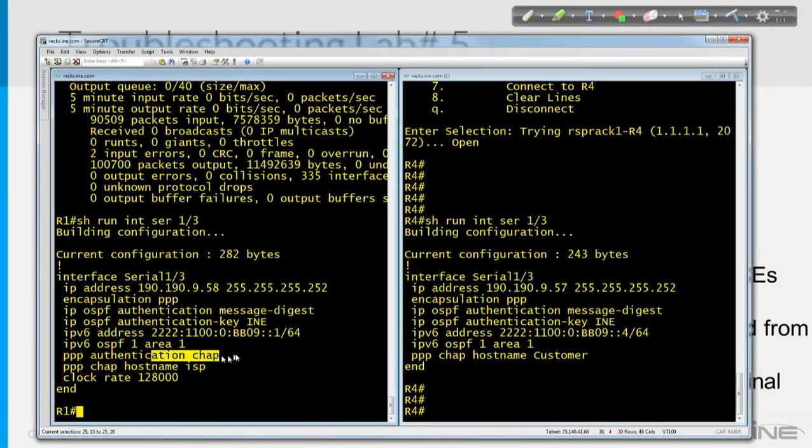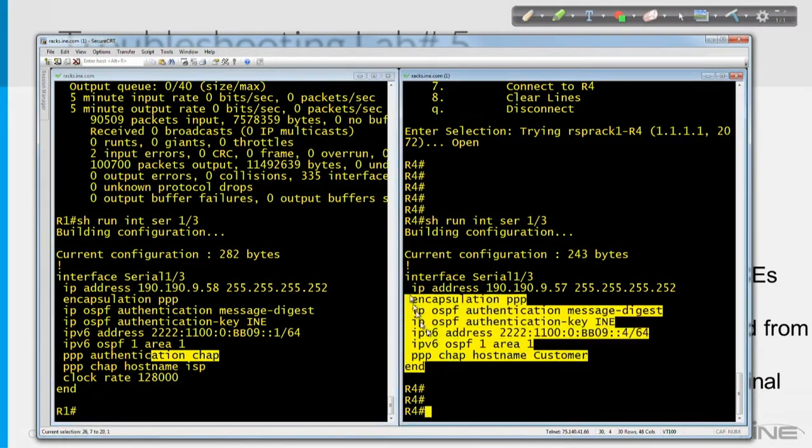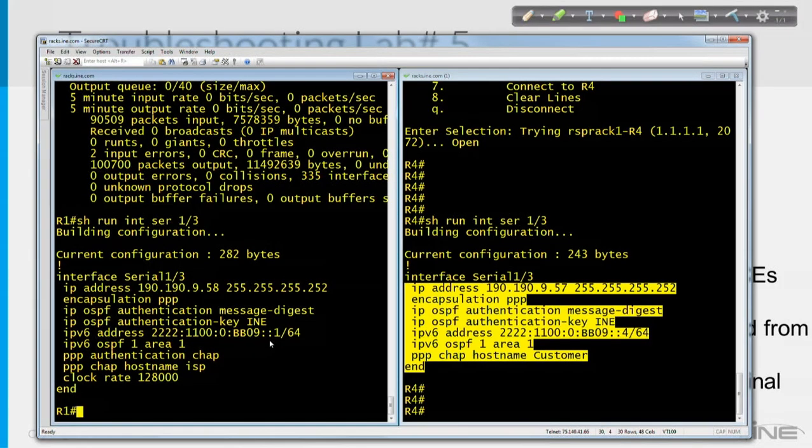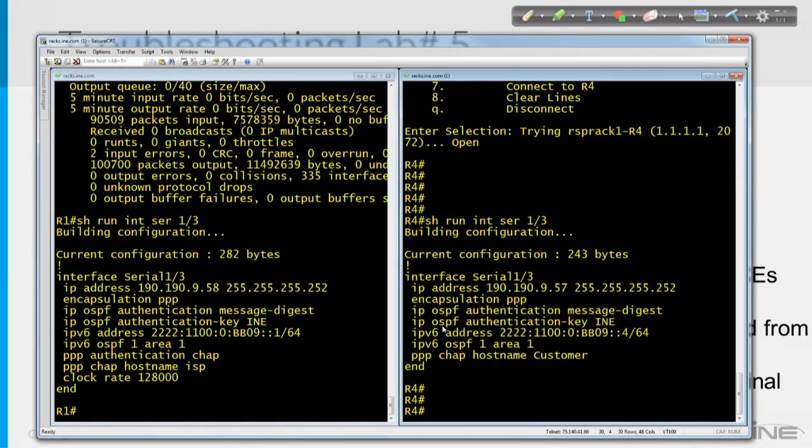One side's doing CHAP, the other side isn't configured for anything, so he will say, okay, I can do CHAP. So let's check and see if CHAP is correctly configured here. So on serial 1/3, router 1 is going to be the challenger, and he's going to get a CHAP message from customer.